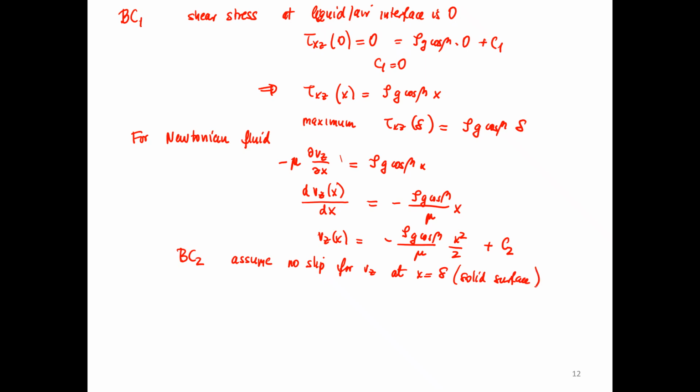And since my solid surface is not moving, my Vz of delta is 0. Delta is that film thickness, if you remember. So in the above equation I have 0 on the other side, so my C2 is the same expression with x equal to delta. So my C2 has to be rho g cosine beta divided by mu, delta squared over 2.